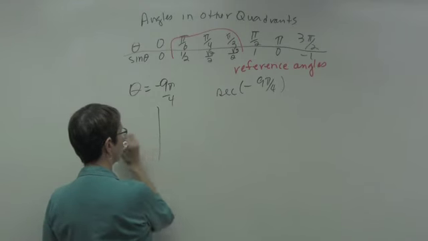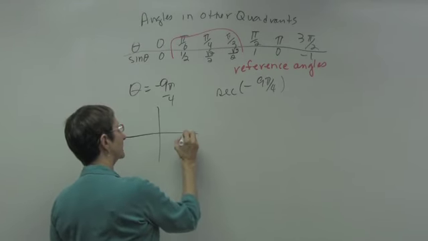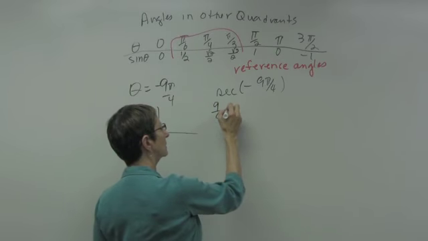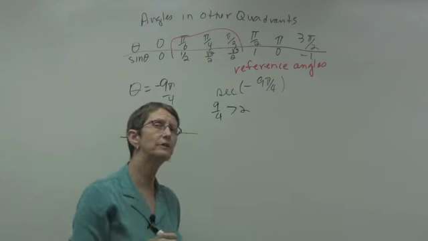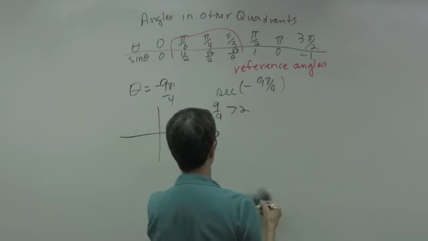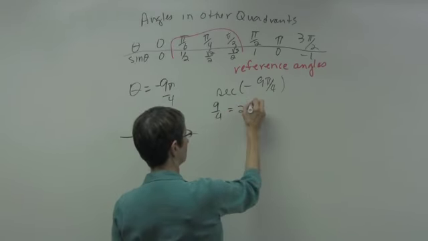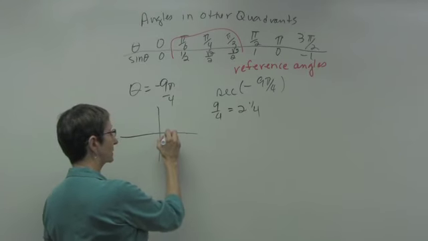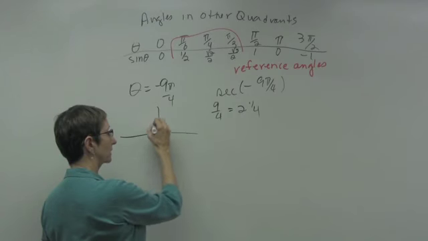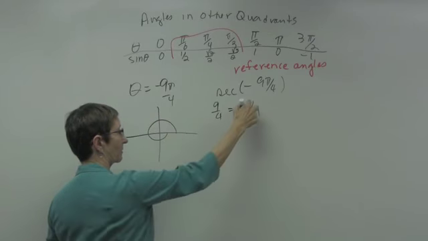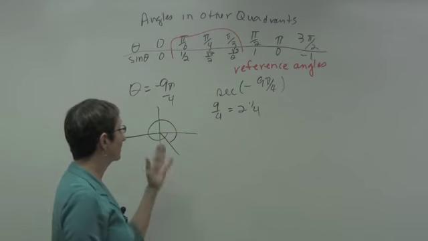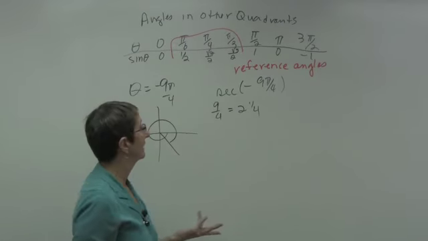Okay, where's this going to get me? This is bigger than 2. 9/4 is bigger than 2. That's like 2 1/4. And since it's negative, I go backwards. So I go all the way around to 2 pi, and then I go another 4th, which would put me back here. So this angle is in the fourth quadrant.